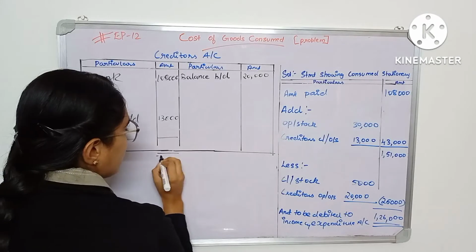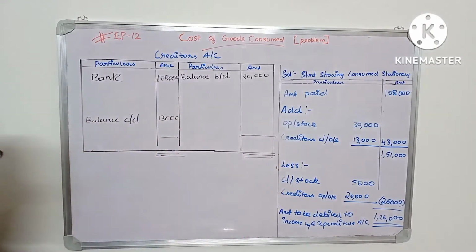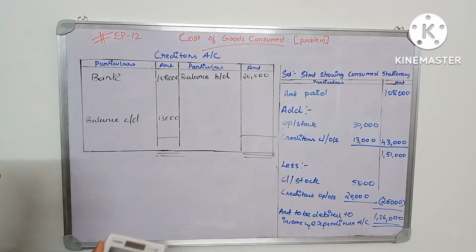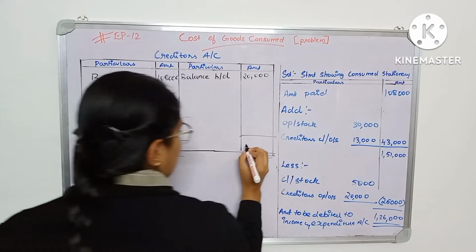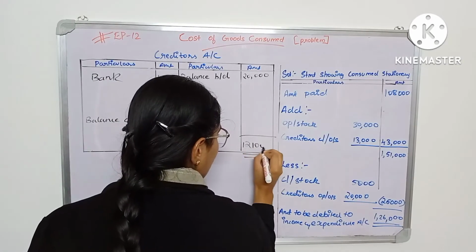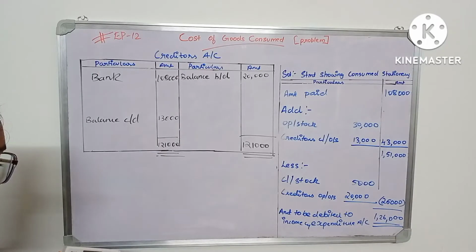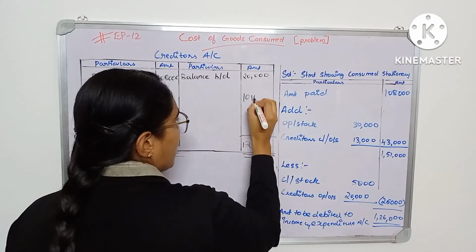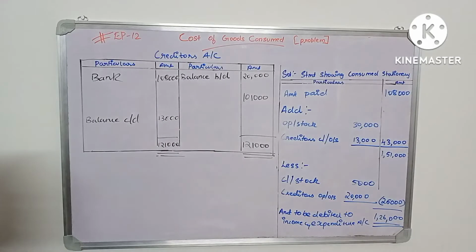Let us first calculate the total. 1,08,000 plus 13,000 gives a total of 1,21,000. Here also I will write 1,21,000. From that you have to subtract 20,000, so you will get 1,01,000 rupees. There is a shortfall on the credit side of 1,01,000 rupees.